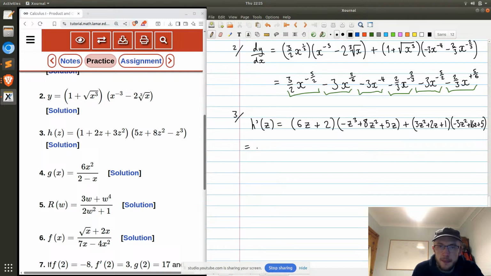So we get negative 6z to the 4 plus 48z cubed plus 30z squared. Then multiply everything by 2, so minus 2z cubed plus 16z squared plus 10z.